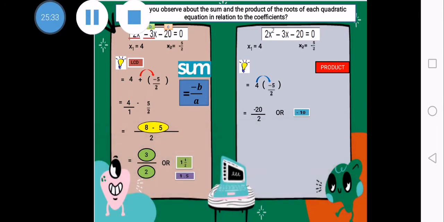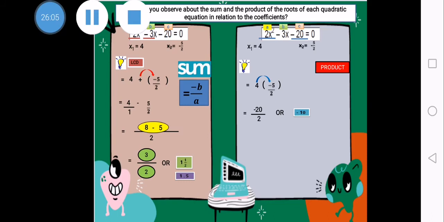And then, sa product naman, ayan. Ito naman yung i-consider natin sa product. So, ang product po kasi natin, nung nag-solve tayo, is negative 20 over 2. So, ayun po siya. And then, yung 2 is yung a. So, ngayon, kahit hindi na po tayo mag-solve using this method, ang i-consider na lang po natin ay yung value ng quadratic term na a, b, and c. So, dyan lang po natin titingnan.